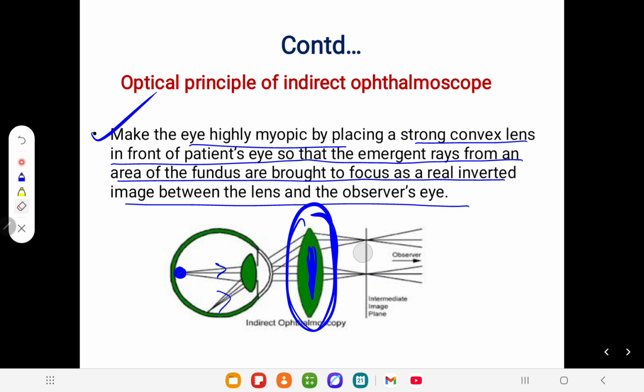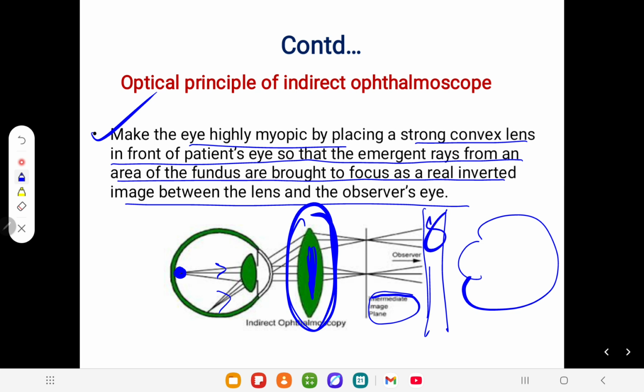This is the plane in which the image of the retina is formed, the intermediate image plane, and it lies between the observer, that's our optometrist or ophthalmologist eye, and maybe the slit lamp is here, but the image is here. Now the slit lamp or headband will focus on this image, the image made by this condensing lens.